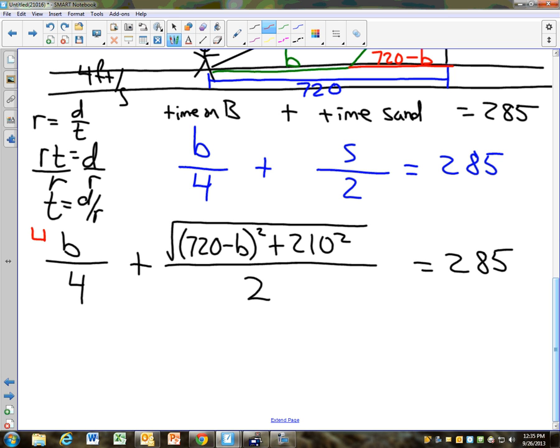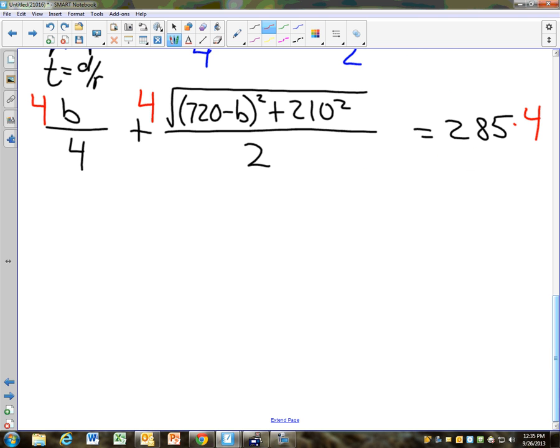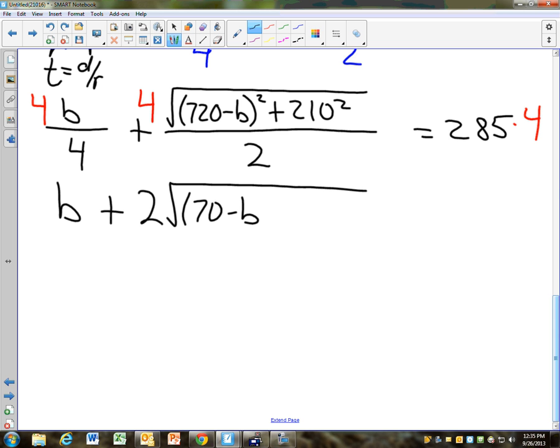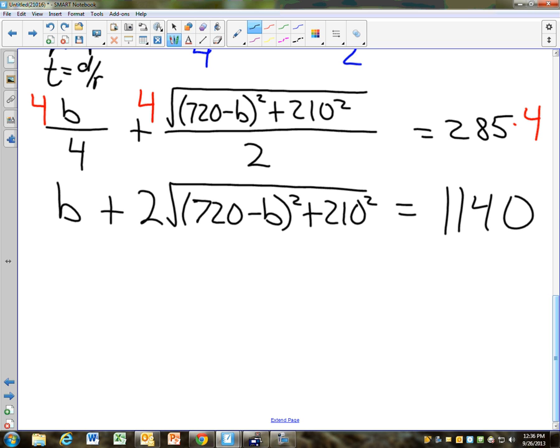I multiply the top through by 4, and it will go away. 4b over 4 is just b. 4 over 2 gives me just 2, times the square root of (720 minus b) squared plus 210 squared, equals, and 285 times 4 is 1140. That looks better than it did, didn't it?